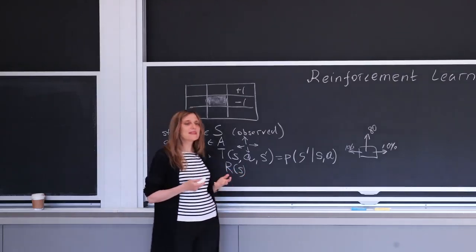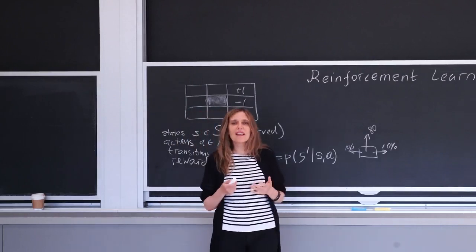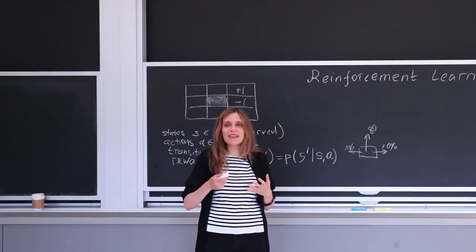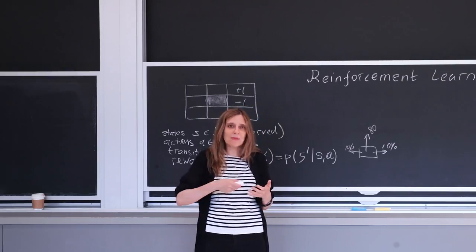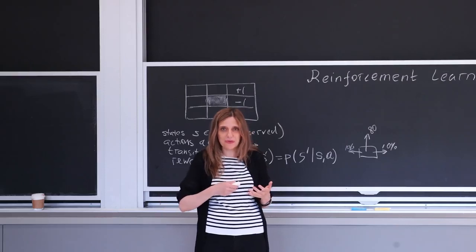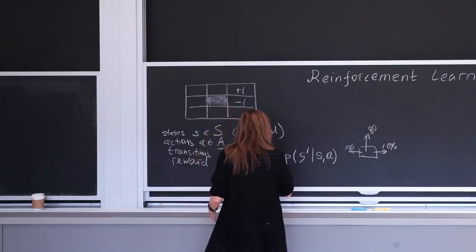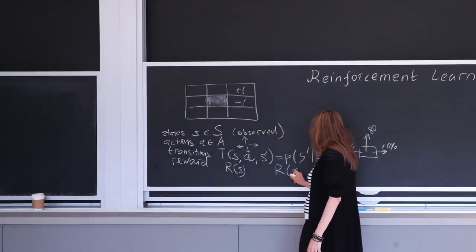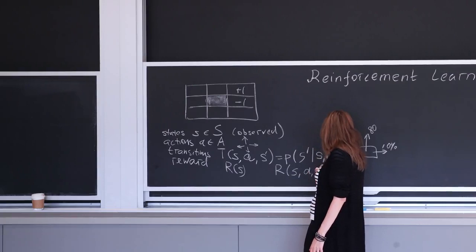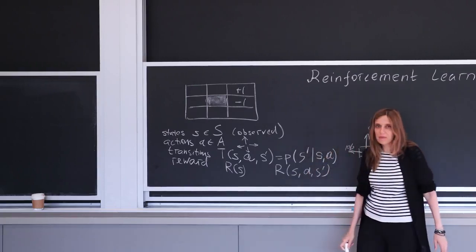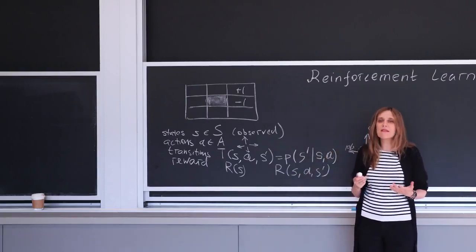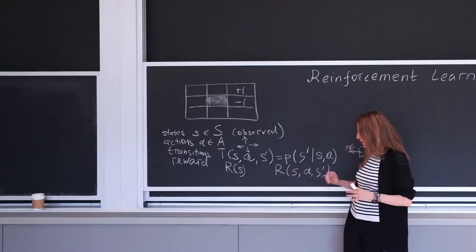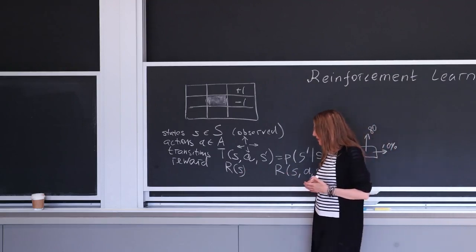In other problems, this definition is not sufficient. Like, for instance, in the examples that I gave you from the marketing case, you actually not only care where you end up, you also care how much it costs you to do something. So maybe in this case, you may want to define reward as a function of the original state, the action, and the state where you end up going. So whatever I'm going to be describing today will work both with this reward or with this reward. Both of them will be totally acceptable.